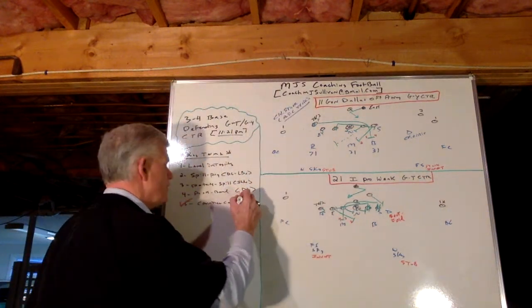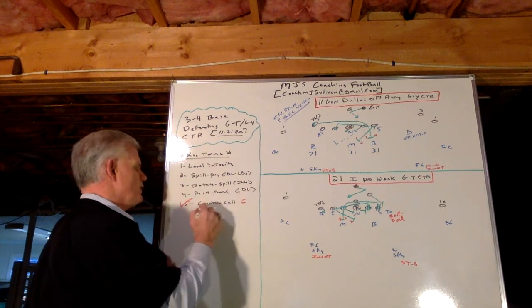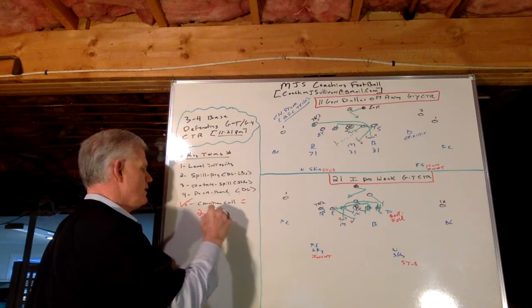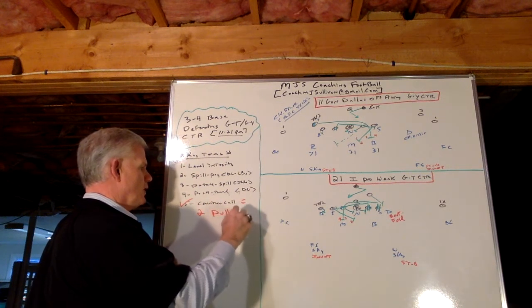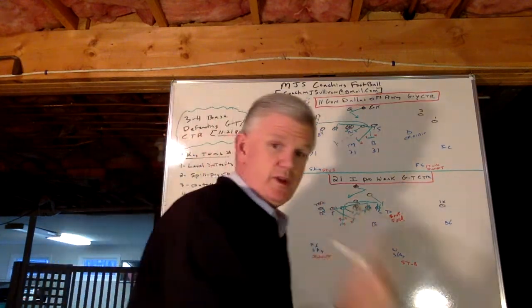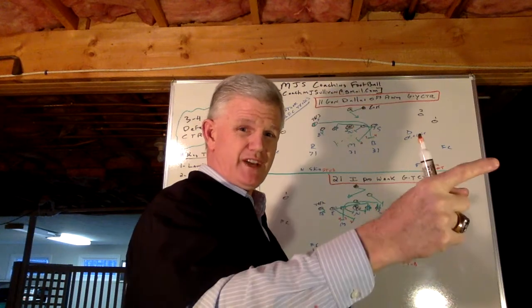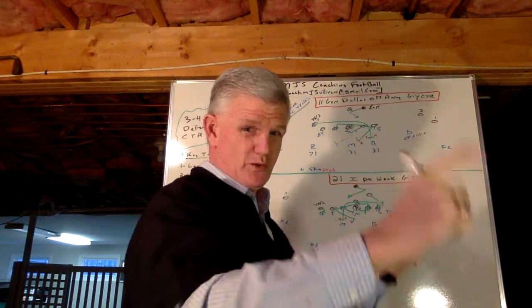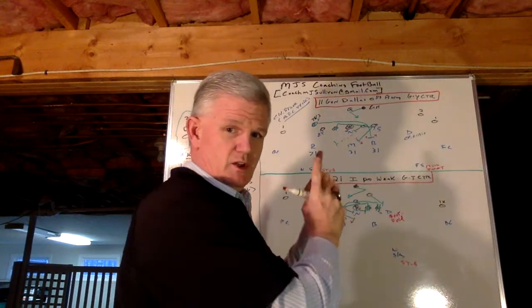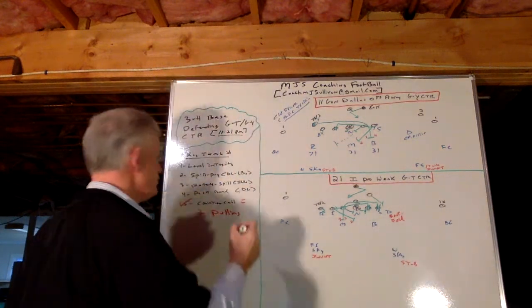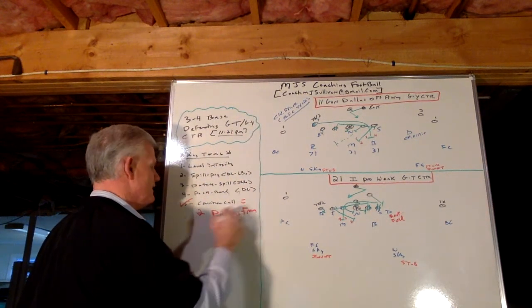So a counter call is made when we have two linemen pulling from the same side. It could be a sweep, but that's a different call. If it's the two guards, that's not the same thing.